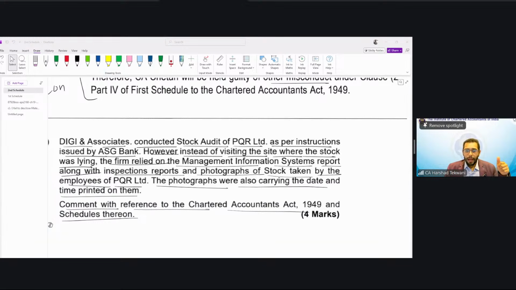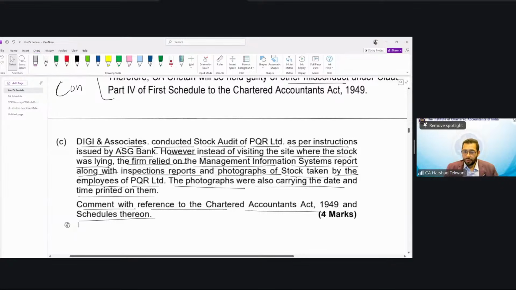Now, in case of the stock audit, the auditor has to personally visit the site and perform the physical inspection of the stock. The same applies in the audit also. When you do an audit of a company's financial statements and there's an inventory, there's a specific standard that requires you to perform the physical inspection.